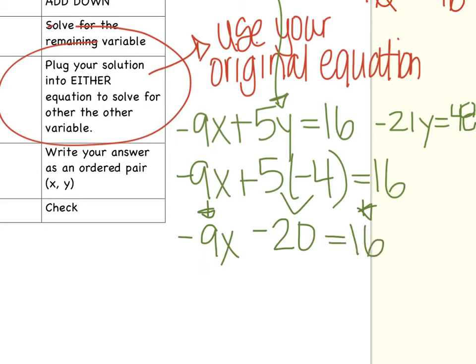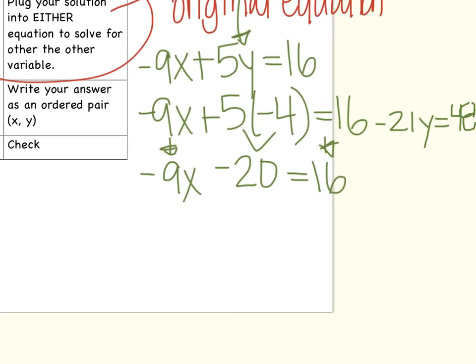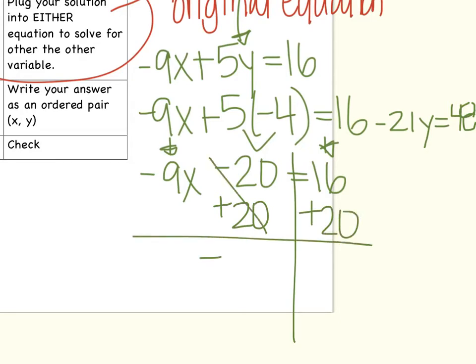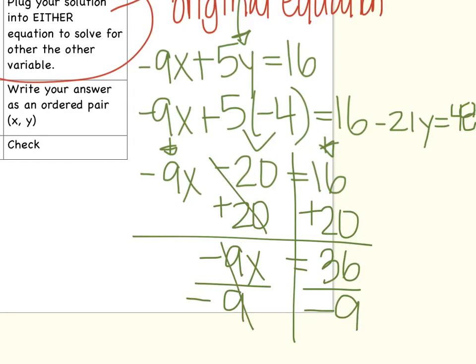I'm going to draw my line. I have to move this negative 20 to the other side, so I make it a positive 20. So I'm left with negative 9x equals 36. Divide each side by negative 9, and I'm left with x equals 36 divided by negative 9. It's going to give me negative 4.